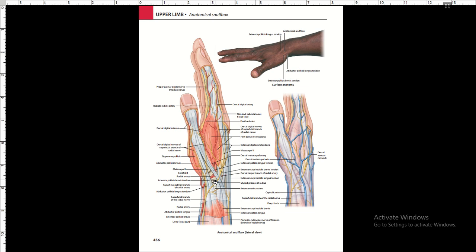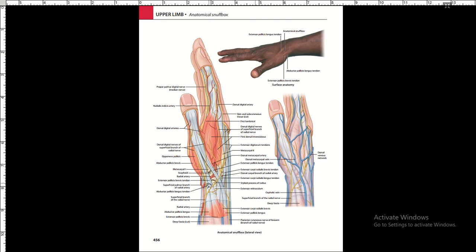We understand that in approximately 10% of individuals, the scaphoid bone's sole blood supply is from the radial artery, which enters through the distal portion of the bone to supply the proximal portion. So when a fracture occurs across the waist of the scaphoid, the proximal portion is going to undergo avascular necrosis.